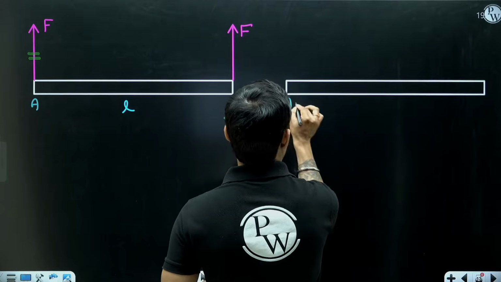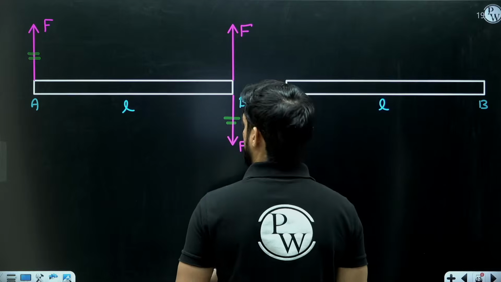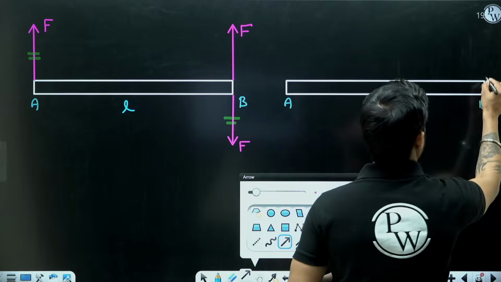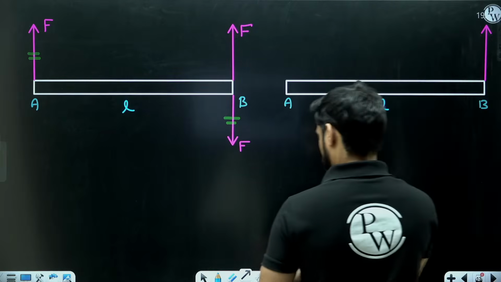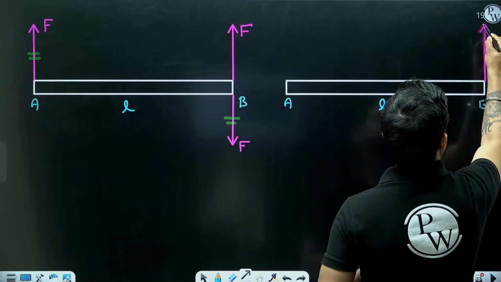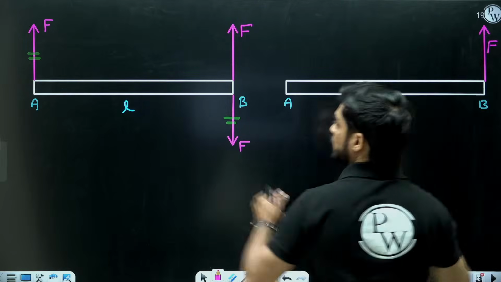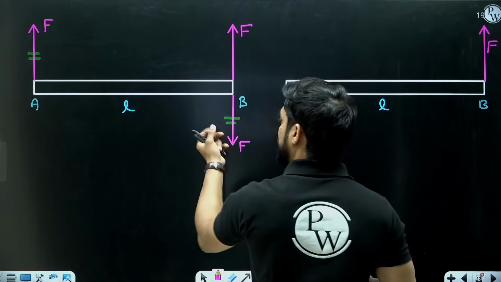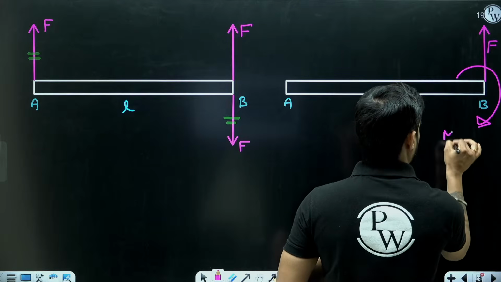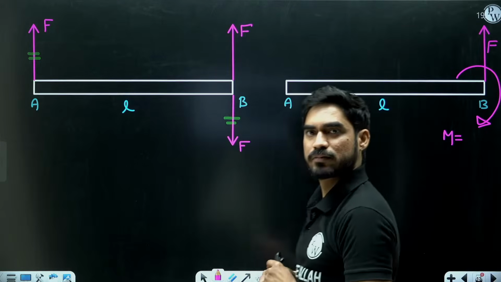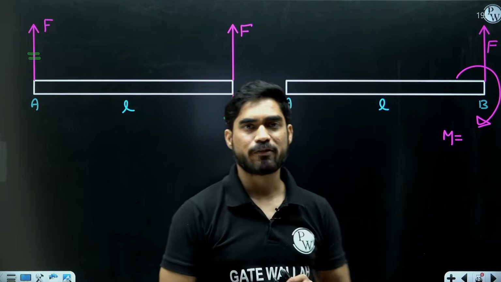So this is point A, this is point B, distance between them is L. I have removed this force and this force, and now I have made a couple. And what will be the value of this couple? Force F multiplied by the perpendicular distance between them, which is L.